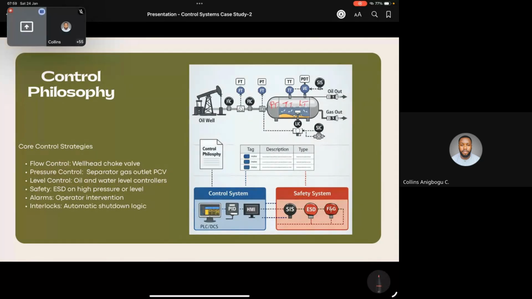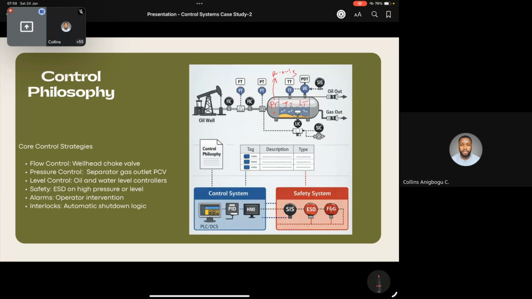You might decide that on this tank, I want PT to take priority in control. That is, if there is going to be a shutdown, it is going to be initiated by PT, right? So those are the things you determine in your control philosophy, right?